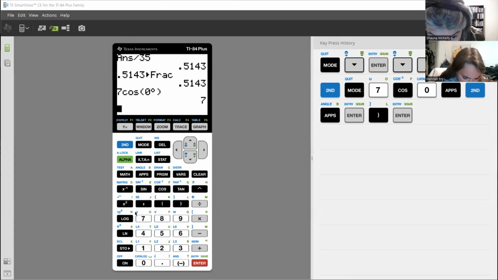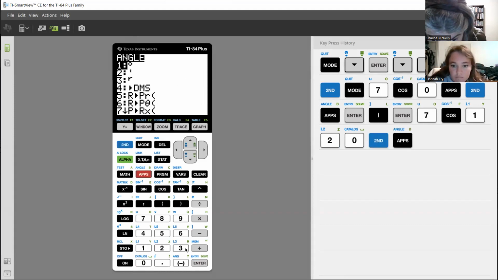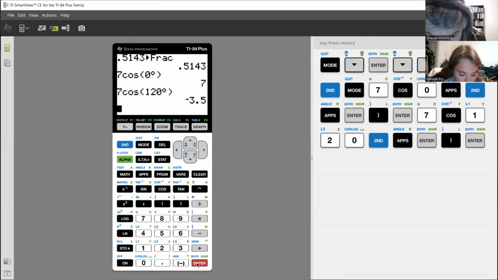So we have 7 cosine, and this is 120 degrees. And again, I'm going to do my degree here. Close it. And I get negative 3.5.